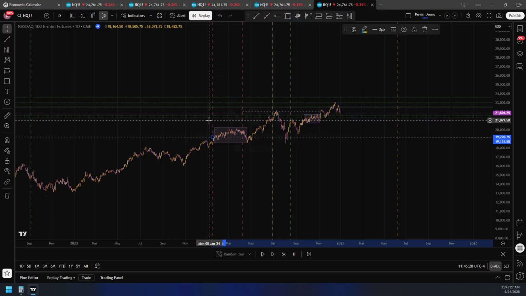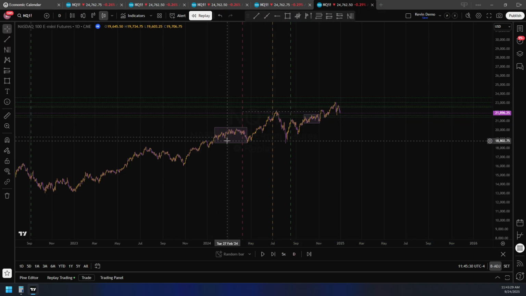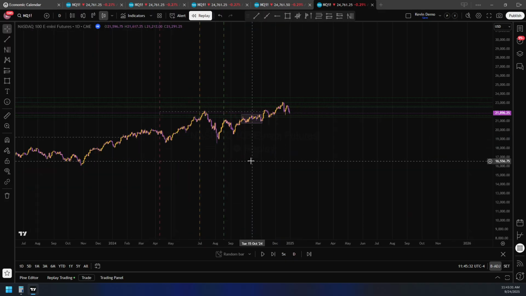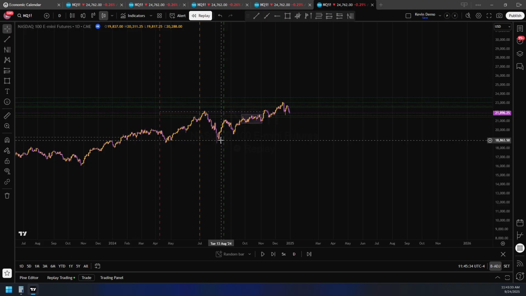Yeah, that actually looks really good. We'll get rid of that one. All right, so here's accumulation, here's manipulation, and then distribution up through here. So that lines up pretty well.